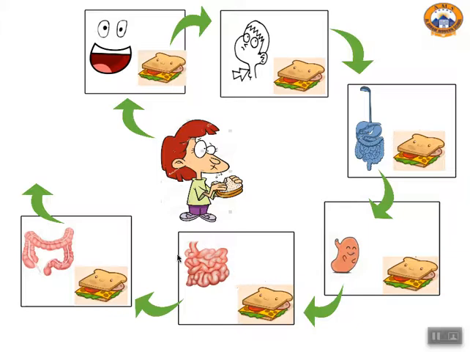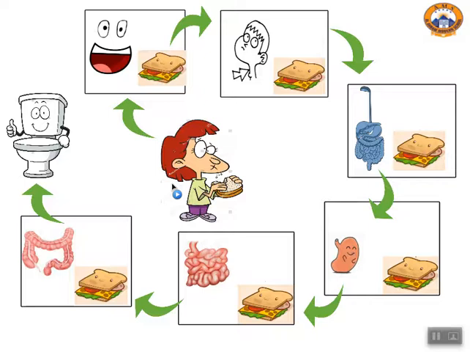After the small intestine comes the large intestine, then the rectum, and finally the anus. Remember, the digested food is going to be absorbed or taken from the digestive system, while the food remains, or the wastes, will go outside the body through an opening known as anus.